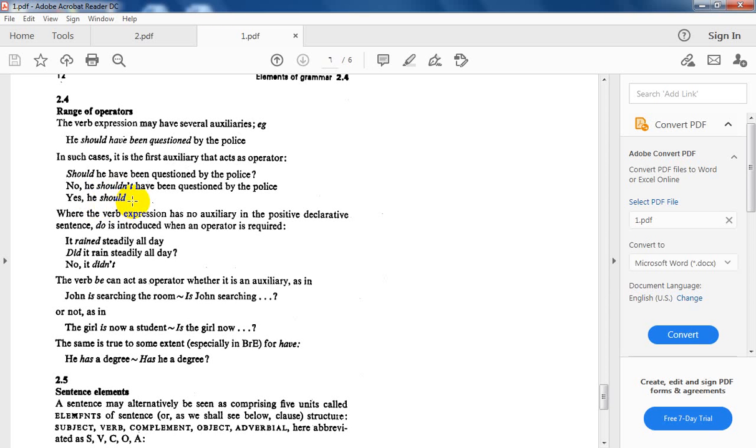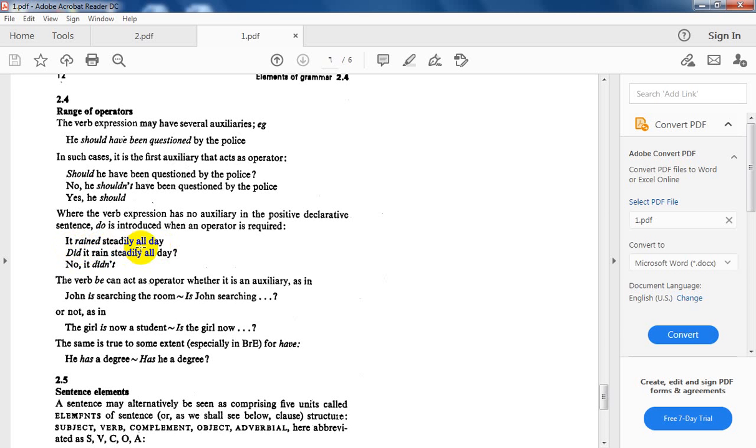But if I do not have any auxiliary in the sentence, I will make use of the do expression. What are these? Do, does, did. Look at this one. It rained steadily all day. Rained, here I do not have any obvious operator.